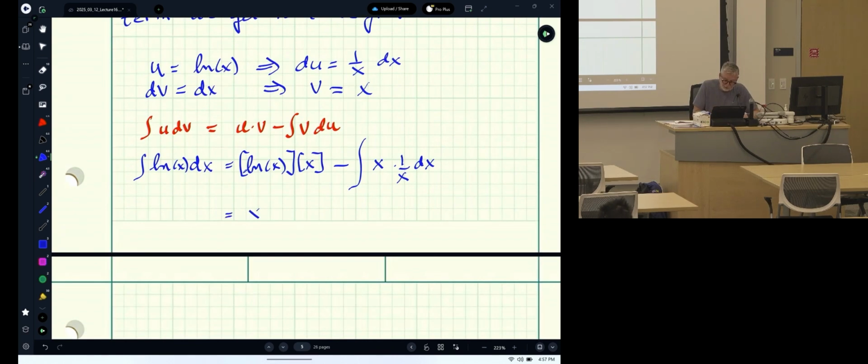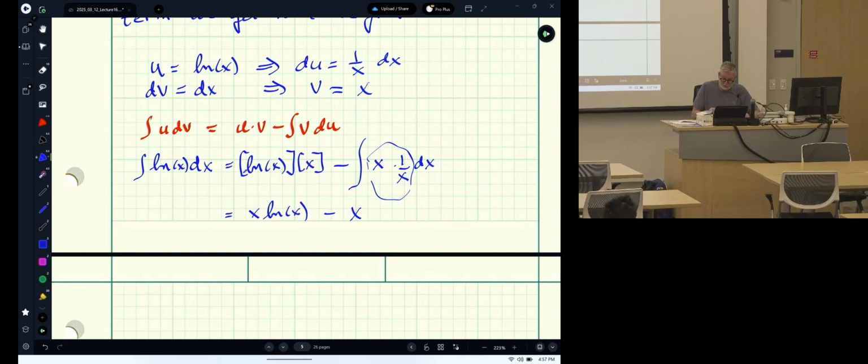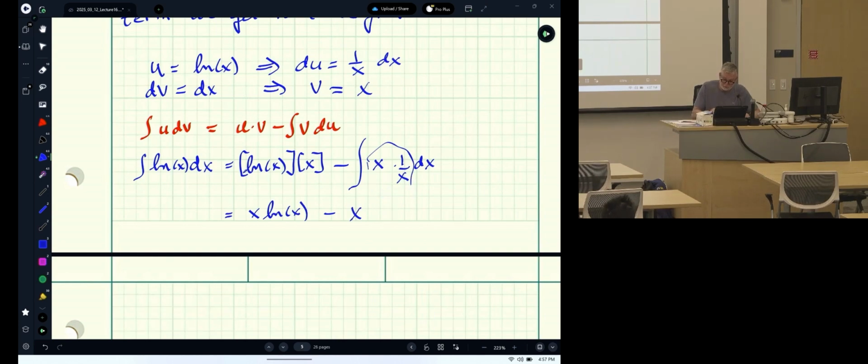And so that's x natural log of x. This is 1 altogether, and we anti-differentiate 1, and we get x. And then I'm always bad about leaving off the arbitrary constant because it never changes anything.